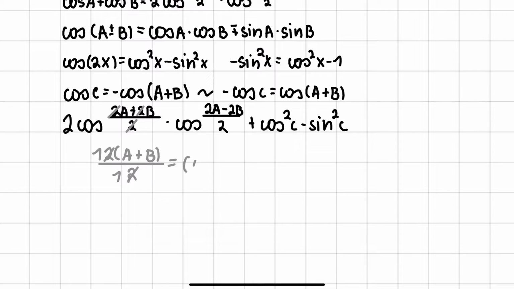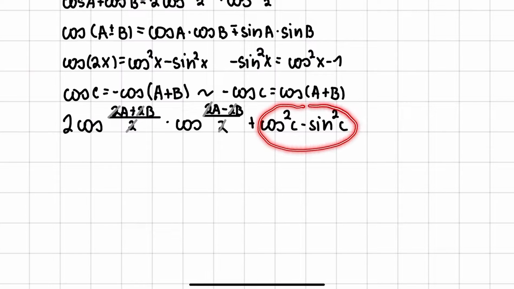So that means just A plus B. Alright? The same goes for this term. And then we will manipulate this. You know how? We will change this to this, basically.